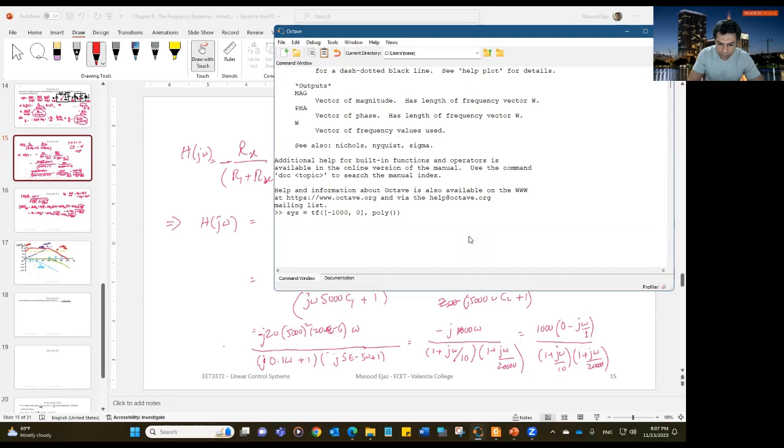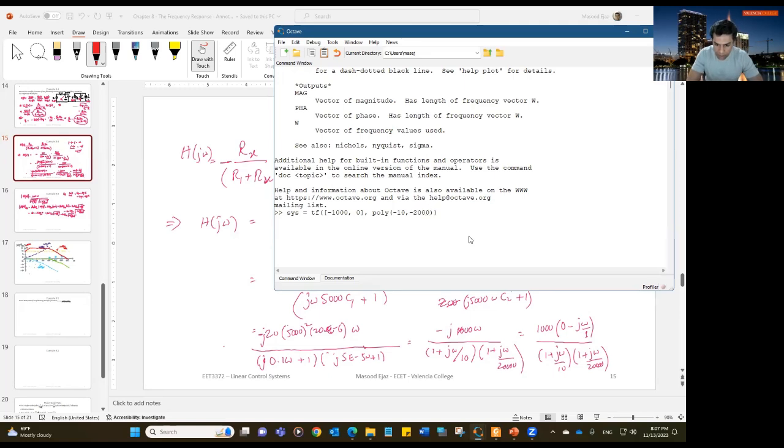So if I take 0.1 as a common factor out, it's going to be s plus 10. So negative 10 is one of the roots. And then for the second one, if I take 5 exponent negative 5 out, it's going to be 20,000 as one of the roots, negative 20,000. Let's see if it will work.